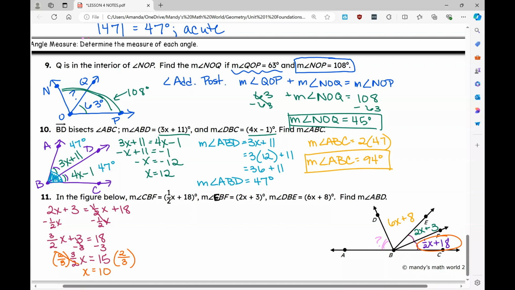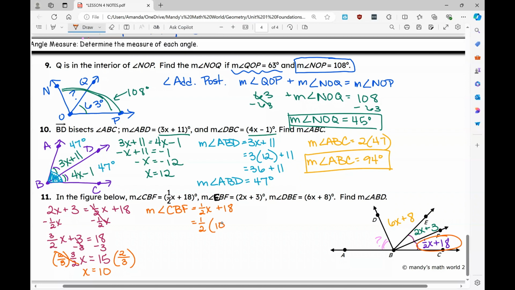So let's do this. The measure of angle CBF is 1/2 x plus 18. I know x to be 10, so that's 1/2 times 10 plus 18.